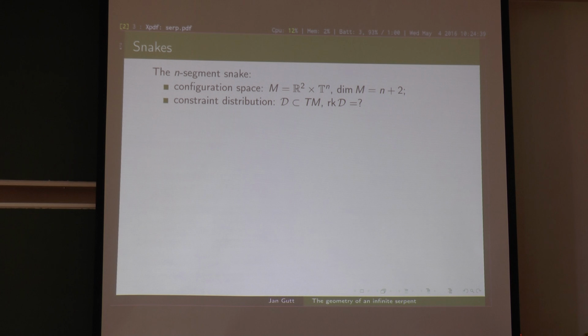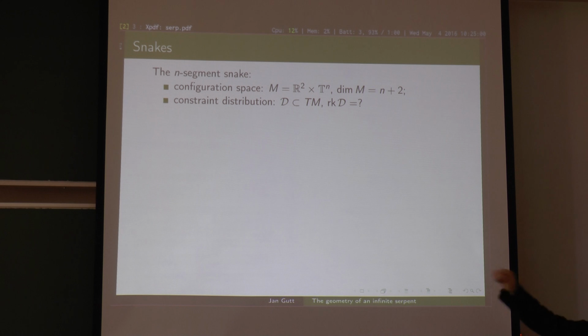So I write the configuration space as a Cartesian product. There is an R2, a plane that parameterizes the position of the head. And there is an n-dimensional torus, which parameterizes the orientations of the segments, whichever way you like. You can do it in many ways, but it's always a torus. Why is it a torus? Why is it not just from 0 to 2 pi?